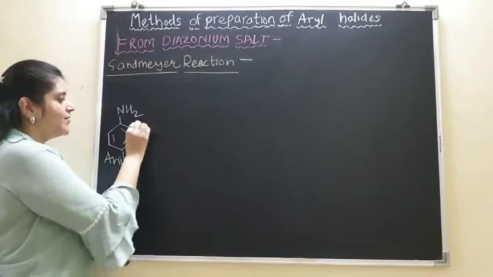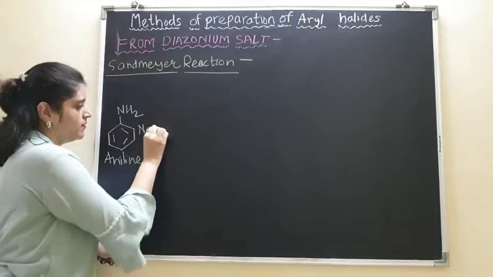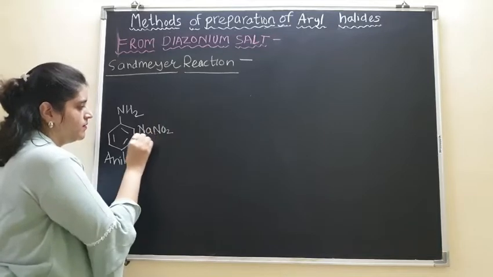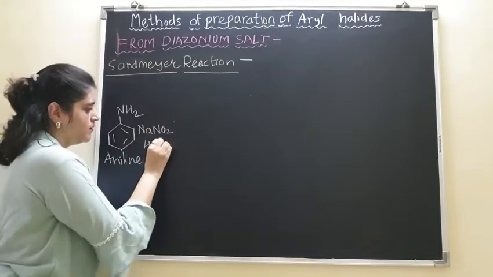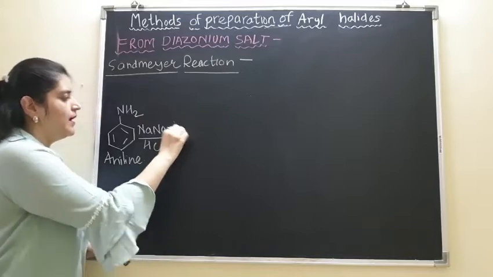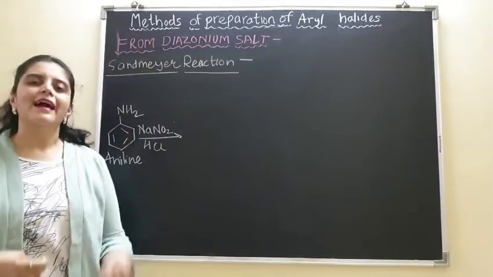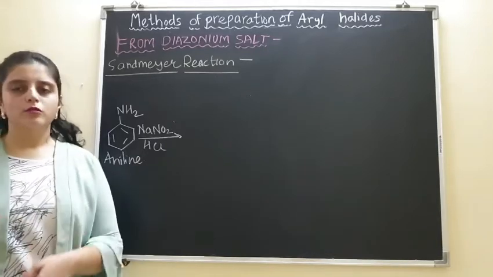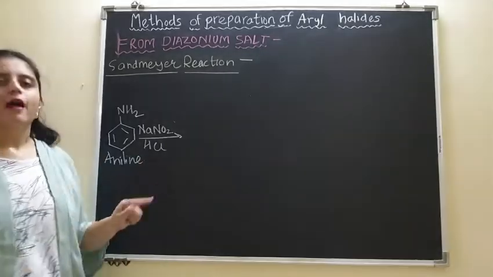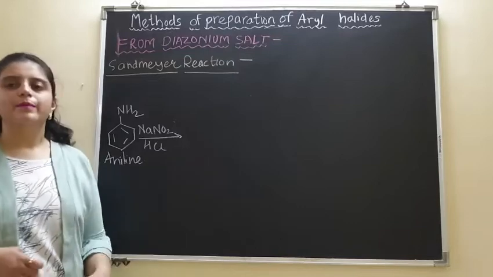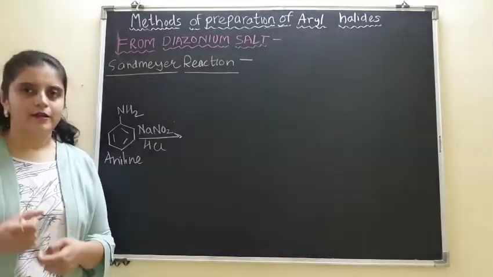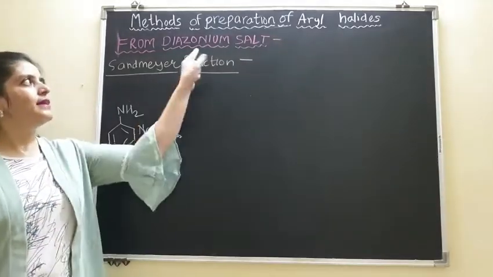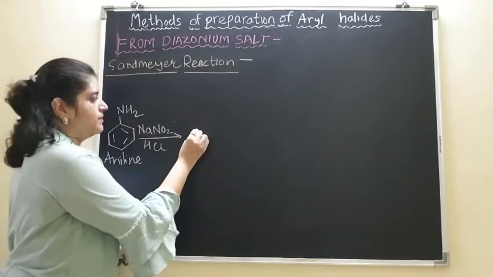We make it react with NaNO2 and HCl at low temperature, about 273 to 278 Kelvin. After this we get benzene diazonium chloride, which is nothing but a diazonium salt.